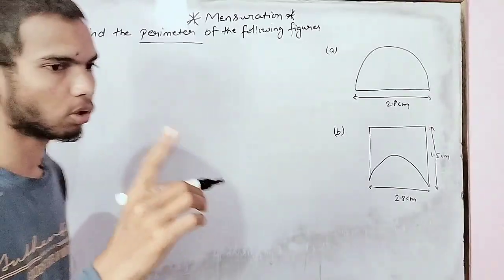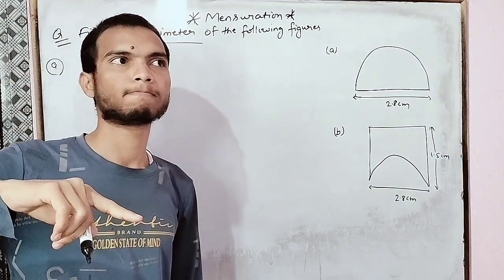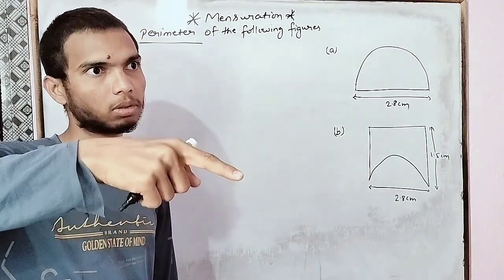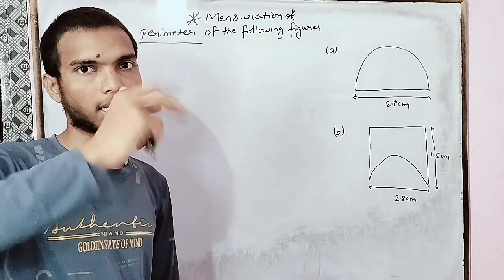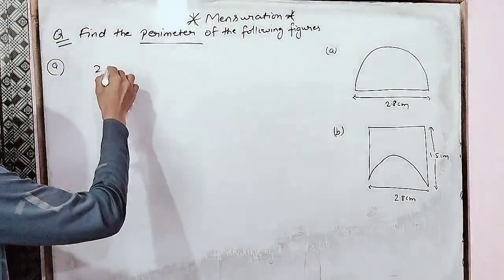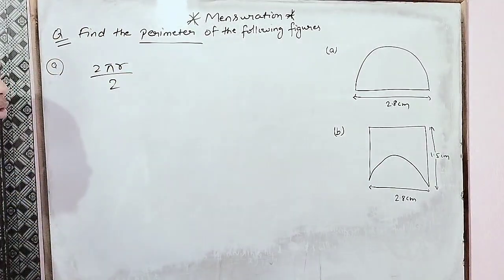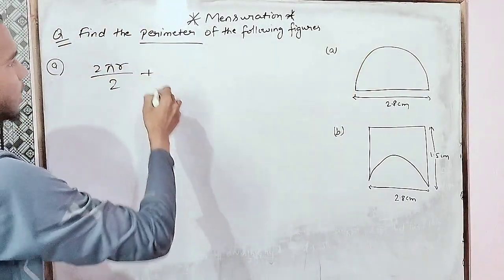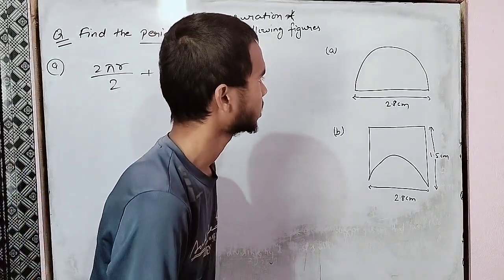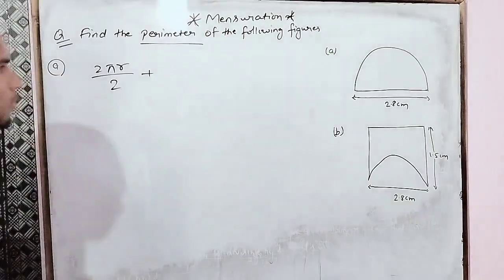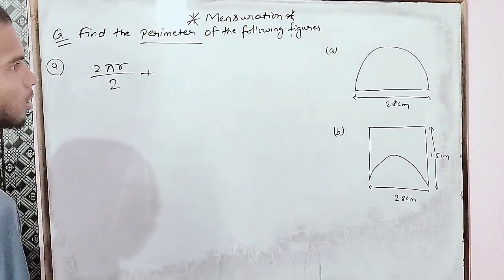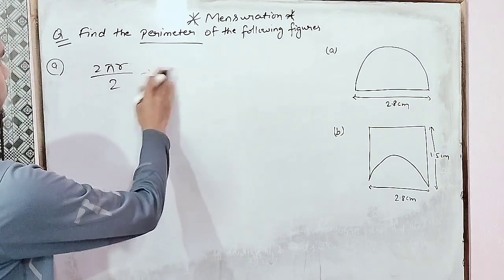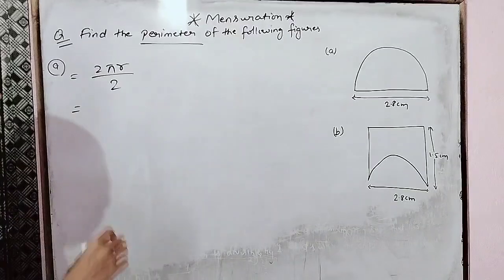So the formula of the circle is 2 pi r. 2 pi r by 2, because this is a half, that's why. Then we will add the straight part.